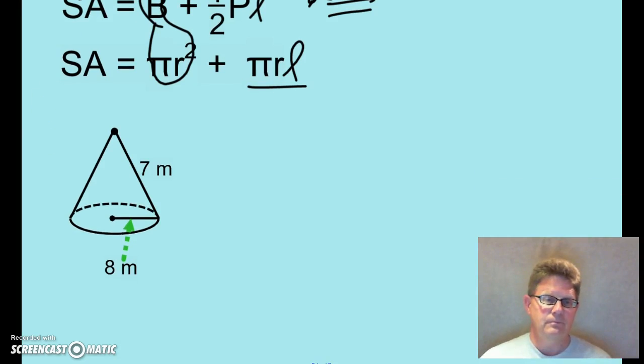So let's find the surface area of this cone. Surface area equals pi r squared plus pi RL.